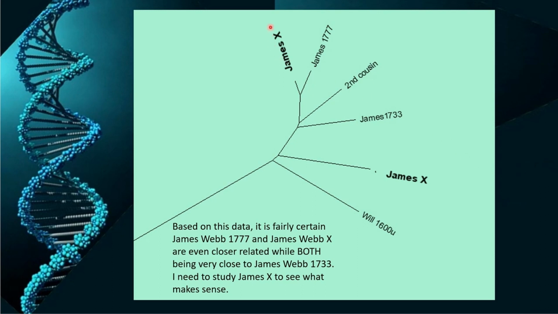So now we put in the new James X with the identical DNA to me. My second cousin, Joshua, whose DNA supposedly would be the same as James 1733. The other data from the line, and then the data from the UK.